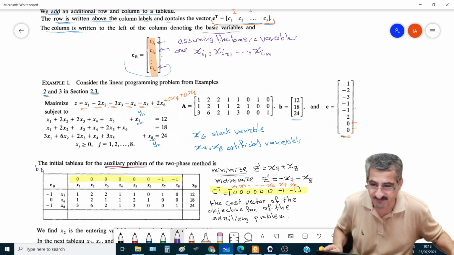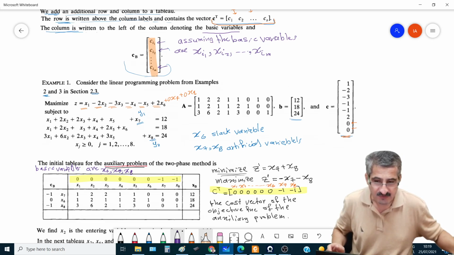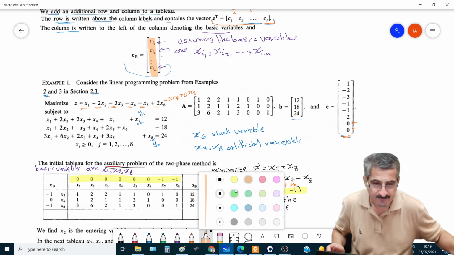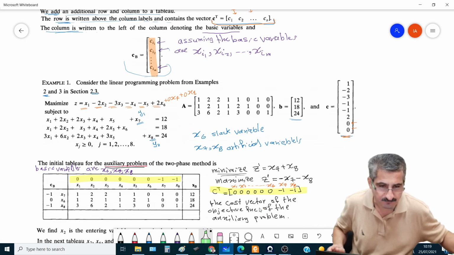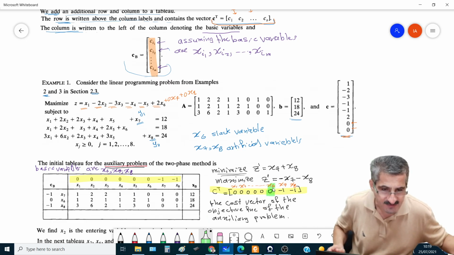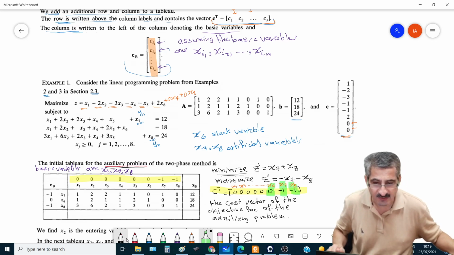We know that the basic variables are x6, x7, x8. This is for the auxiliary problem. We are working now in the auxiliary problem, okay? So what we will do, we will choose the coefficient of x6, 7, and 8, okay? That will give us what?